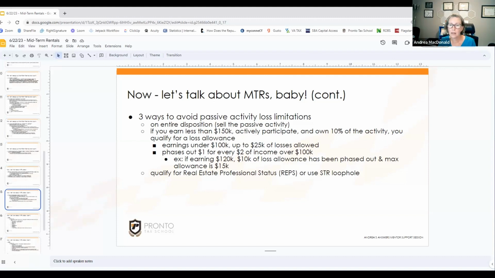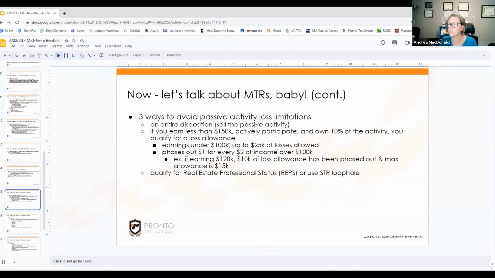If you earn less than $150,000, and that's going to be combined total on a married filing joint return, you actively participate and you own at least 10% of the activity, you can qualify for a loss allowance of up to $25,000. So if your income is under $100,000, you get the full 25. Then it phases out $1 for every $2 of income over $100,000. And then the third way, of course, is real estate professional status or the short-term rental loophole.